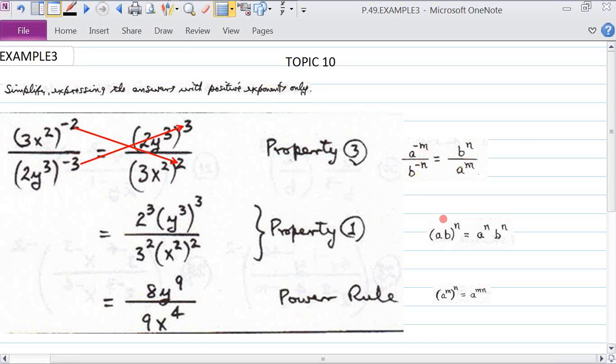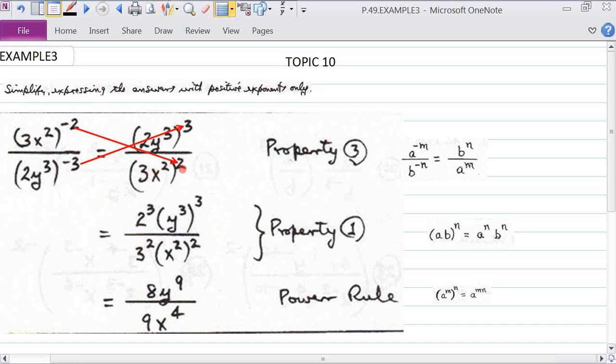Now we're going to apply the cube to each individual part. So there's a 1 implied here. 1 times 3 is 3. We take y cubed, we're going to just apply the power cubed to the y cubed. We're going to apply the power 2 to the 3, and we get 3 squared.